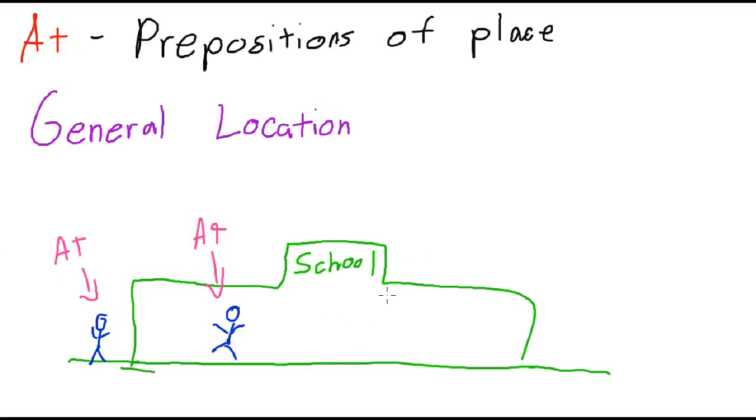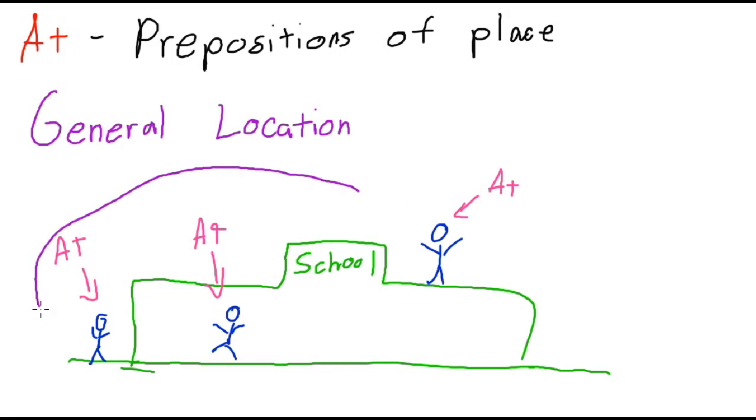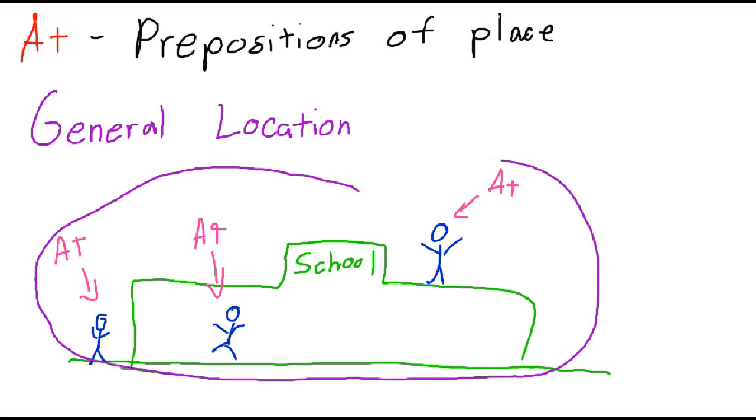Or maybe you're not a good kid, and maybe you're on top of the school. But still, if your mother called you, you could say you are at the school. Because for all of this, you are in the general area of the school, correct? And for all that area, we would say at. Alright, so that's the general location, at.